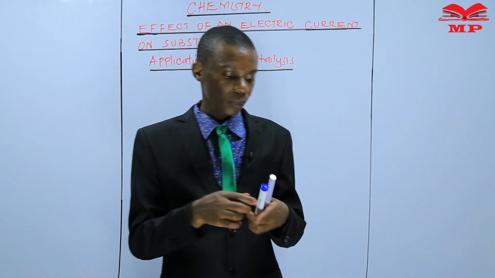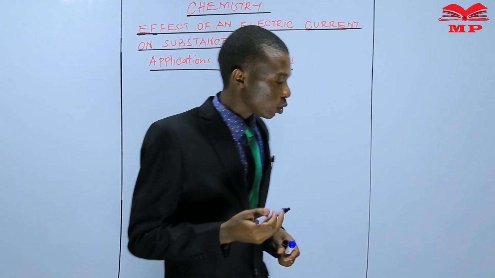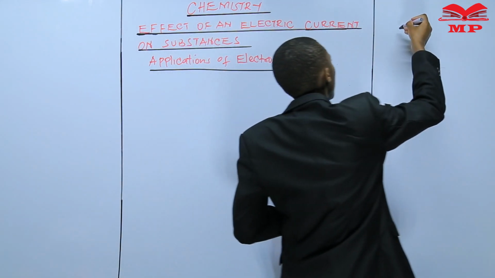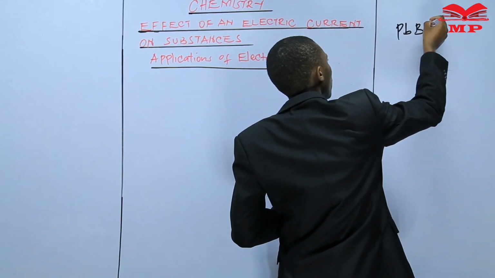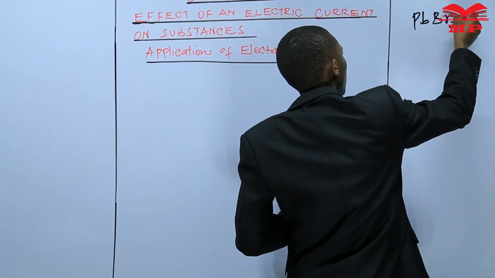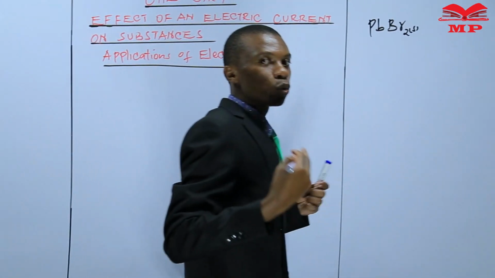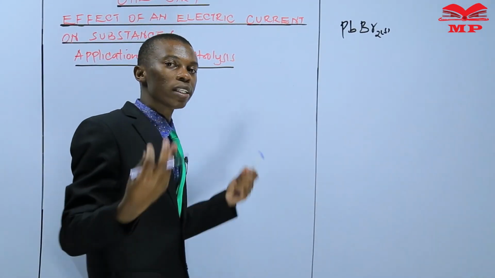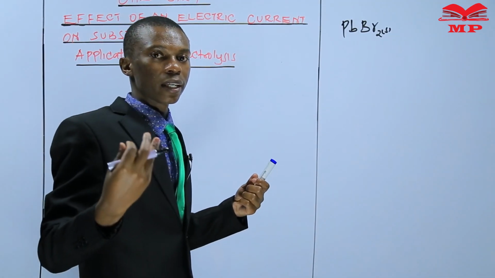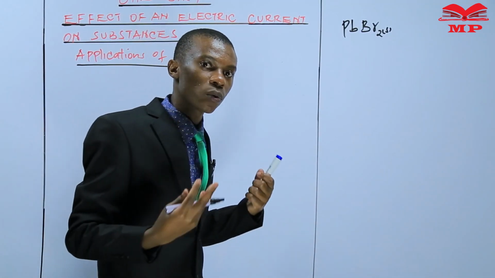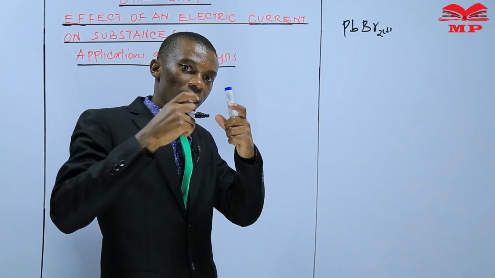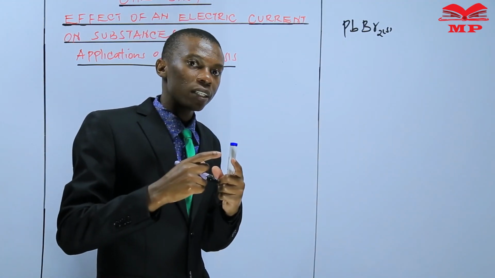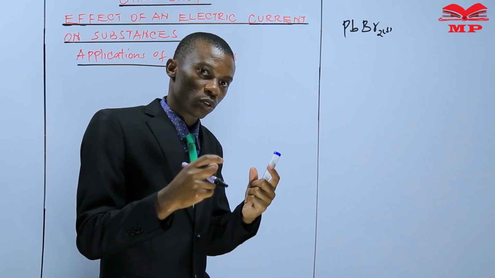For example, when it was electrolysis of molten lead 2 bromide, this solid, we say that first of all you need to heat it, because in solid state it does not allow the passage of electric current, because the ions in lead 2 bromide are held together in fixed positions.